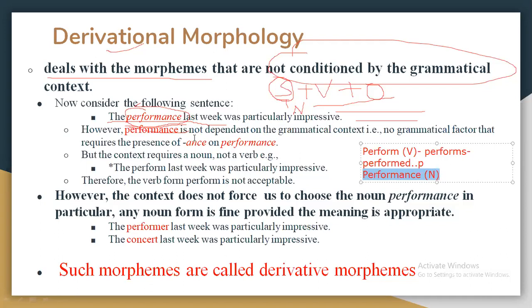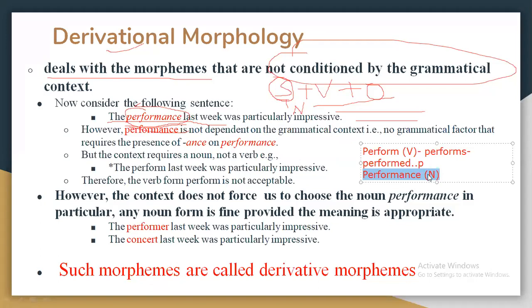But if it is conditioned by grammar, whatever you would write, simply he performs, they perform, right? And so on, according to the tense also it can change. So if those options were used, or those options were suitable, it would be inflectional morphology. What you have written?